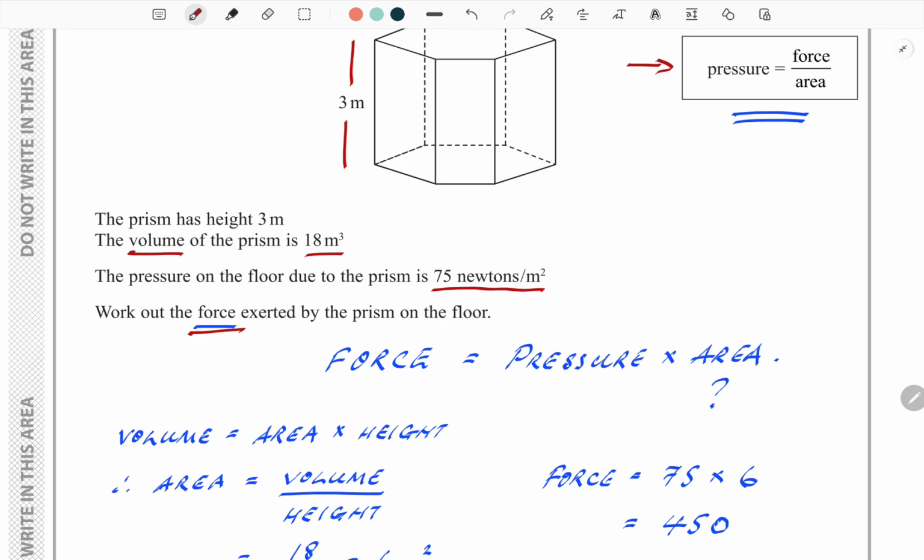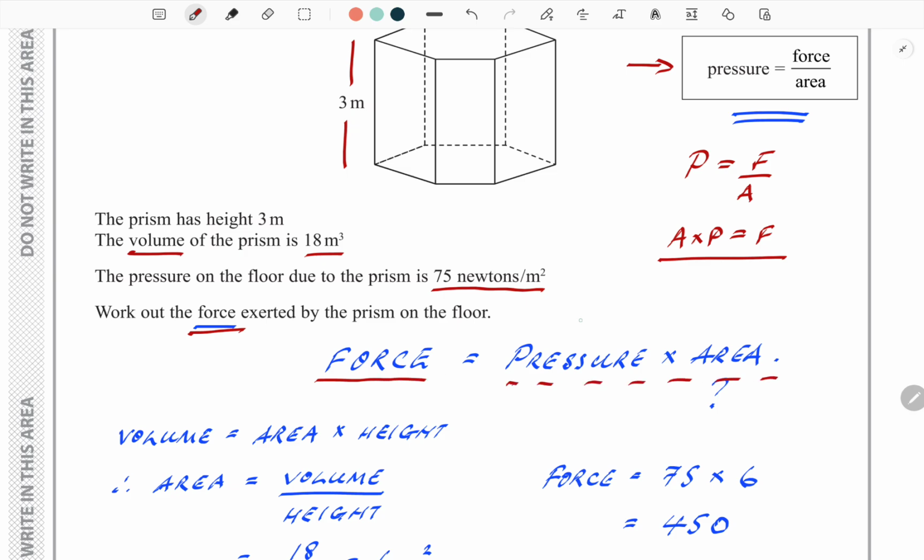Using the arrangement they've got there, P equals force over area, so if you multiply both sides by A, you've got A times P equals the force. So just a little rearrangement, and we get force equals pressure times area.